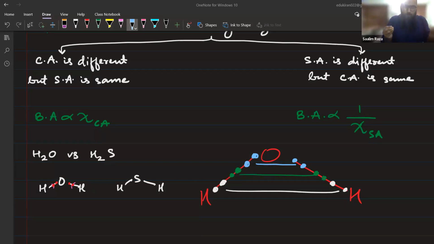If the bonded pair electrons are more near, then they will repel more. यहाँ पे blue वाले केस में सबसे ज्यादा repulsion होगा. And if they repel more, the bond angle बढ़ जाएगा. So bond angle is directly proportional to the electronegativity of central atom. जिस central atom का electronegativity ज्यादा, उसका bond angle ज्यादा.